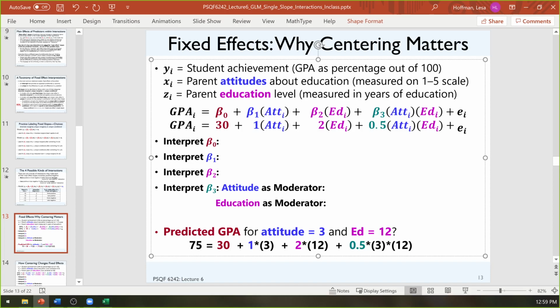Now this one. Slopes are always the change in y for a 1 unit change in x, but this one is conditional. So how do I talk about this one?